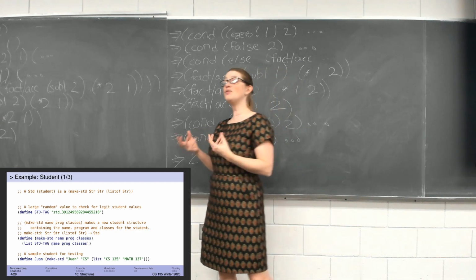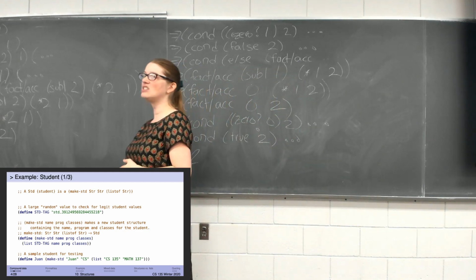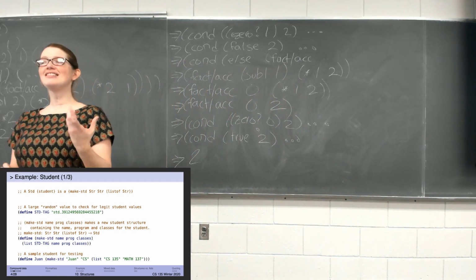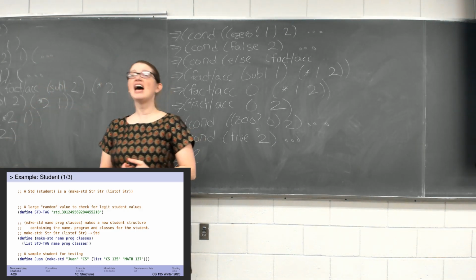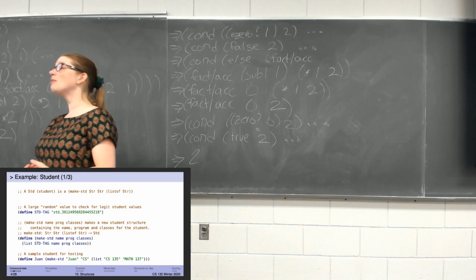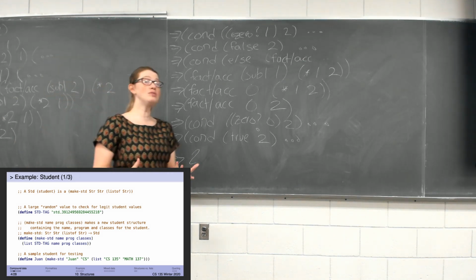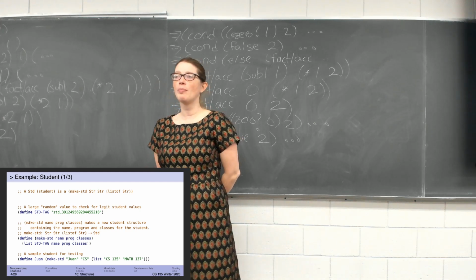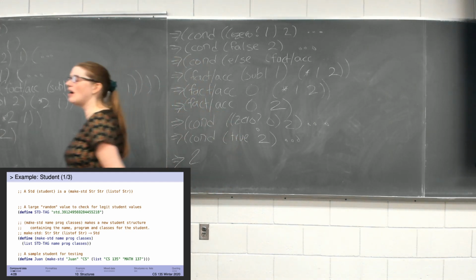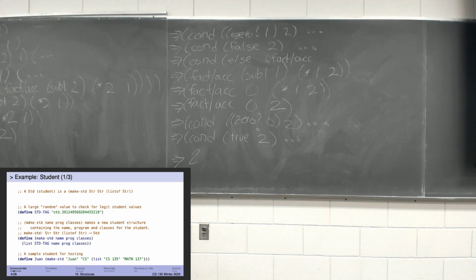The downside of using this unique code in the list is that we must now absolutely provide our users with functions to access the name and the program and the class list, because if we don't, they're going to be able to get this unique code out, and we really don't want them to know about it. So now we actually need to create those accessing functions.